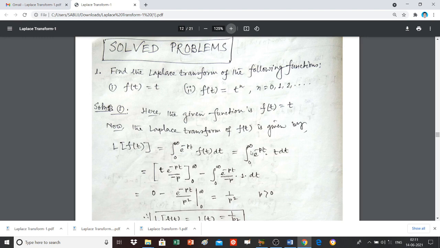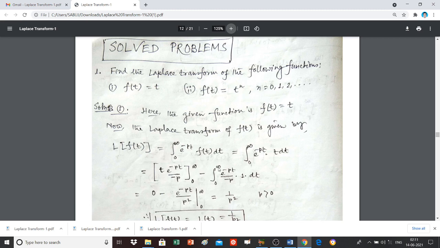In that method, you take t as the first term, and then integrate the term e to the minus pt, which gives e to the minus pt by minus p, with the limits 0 to infinity. Then a minus sign appears, with the integral from 0 to infinity.